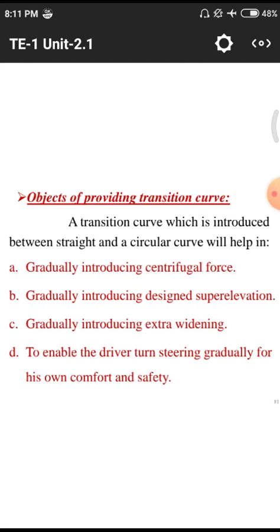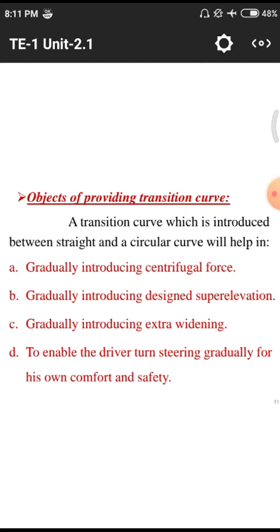If the driver is not comfortable traveling on the road, then the road we laid is not useful to the users. So the laid portion should be useful for drivers and other vehicles, and comfortable for pedestrians and others using the road.